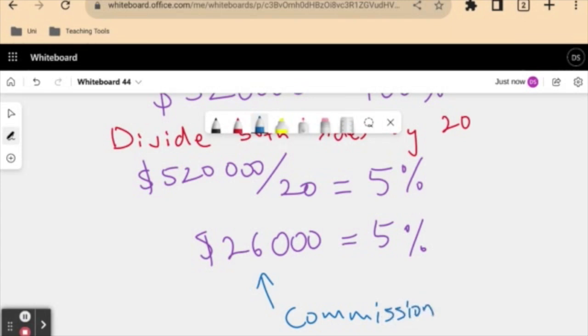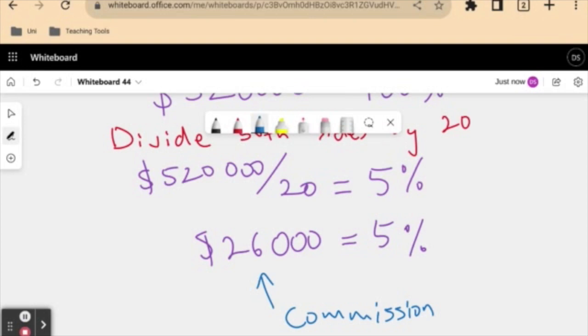Now, 5% may be a little bit generous. Maybe some get less, some get more. But the idea of commission stays. So with any of these problems with commission, we can say that they're a type of percentage of a quantity. These are questions we are comfortable with.